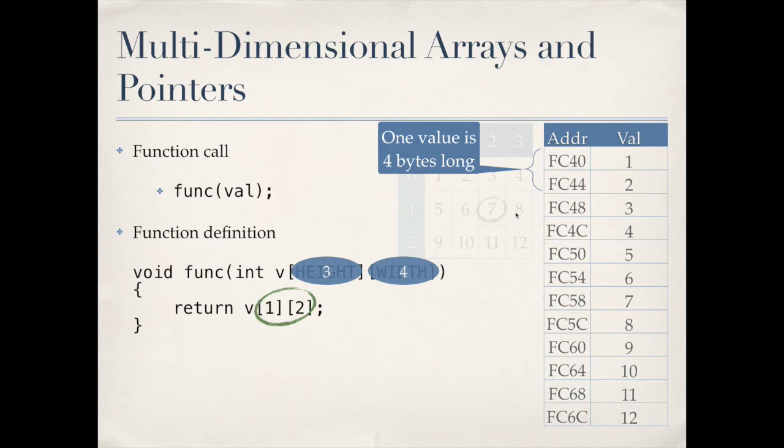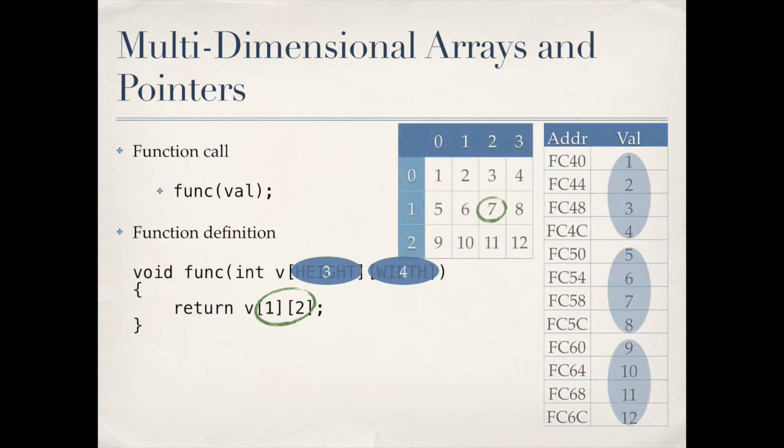Okay, now you see we have these values of our matrix here. We have flattened them out into a one-dimensional structure. This means the first row is the first 4 elements, the second row is the second 4 elements, and the third row the third 4 elements.